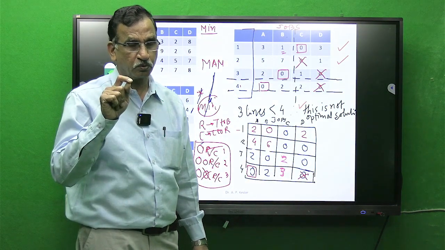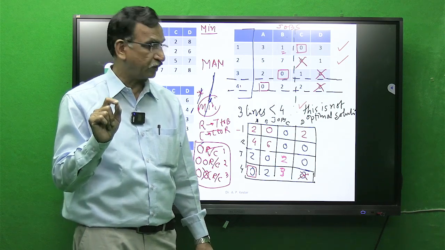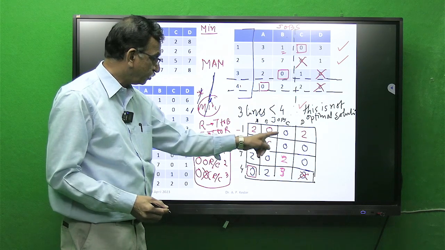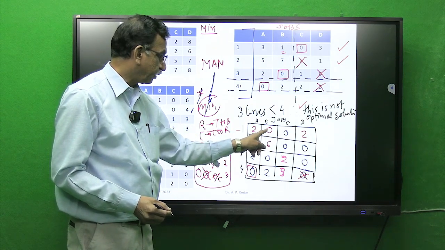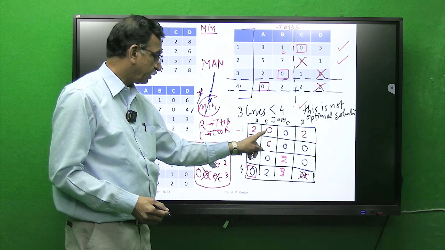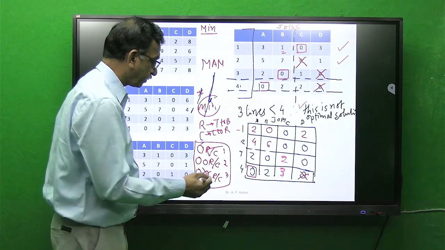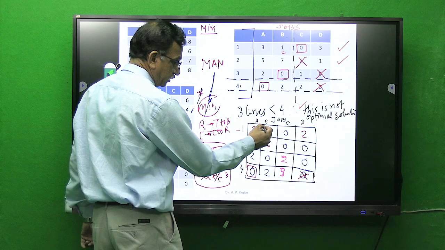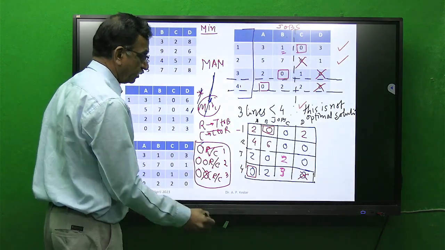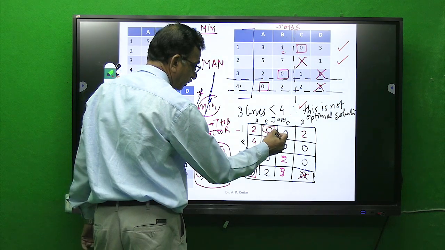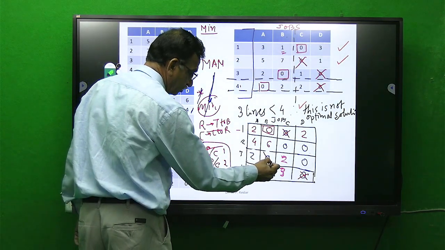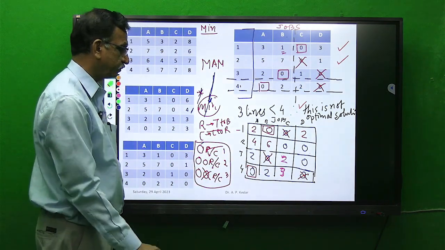You have to prevent zeros from cutting. So now if I do assignment over here, I will cut this as well as this. If I do assignment over here, the corresponding zero of the column will be cut.